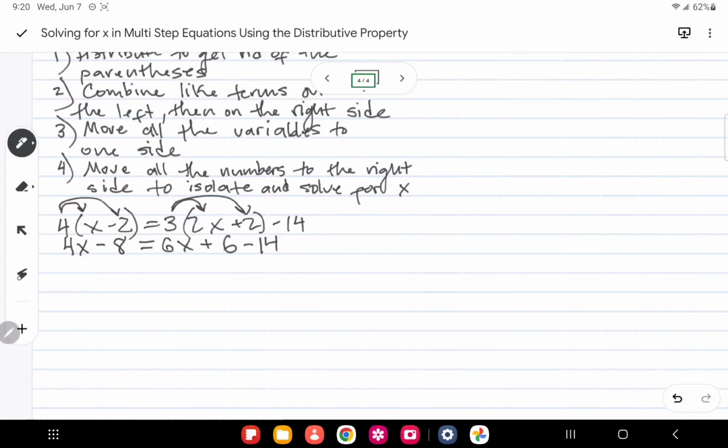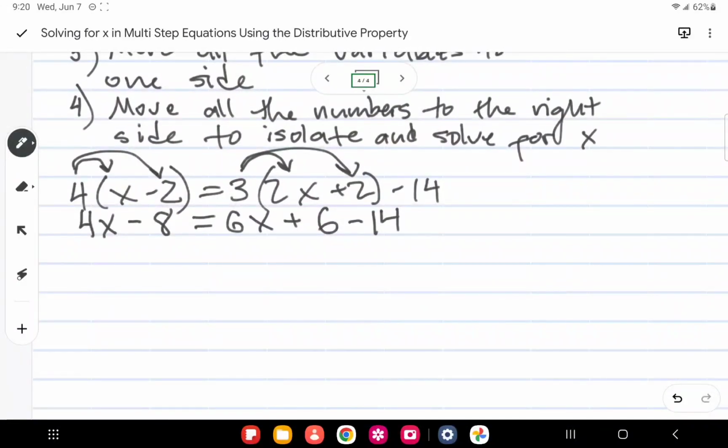The second step is combine like terms. Refer to the previous video if you would like more review on this. So combine like terms on the left side. Do we have any other x's on this left side? Nope. Do we have any other numbers? Nope. What about on the right side? Do we have any other x's besides the 6x?